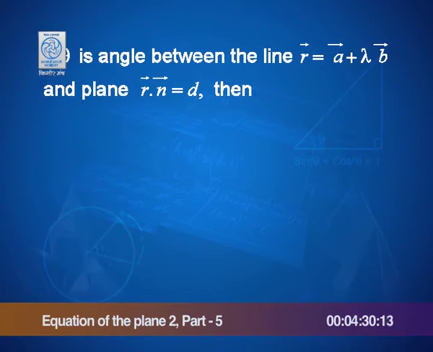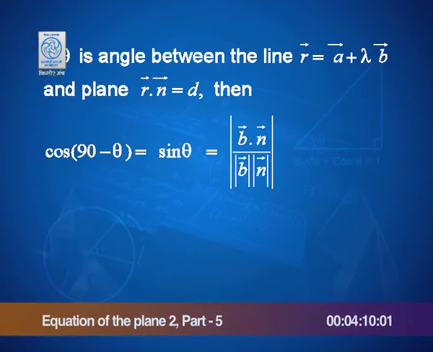Therefore, if theta is the angle between the line whose equation is vector r equals vector a plus lambda times vector b, and the plane's equation is vector r dot vector n equals d, then you will be able to see that we are only interested in not cos theta, but cos of 90 minus theta, which is nothing but sin theta, and that is the angle between the vector b and vector n.